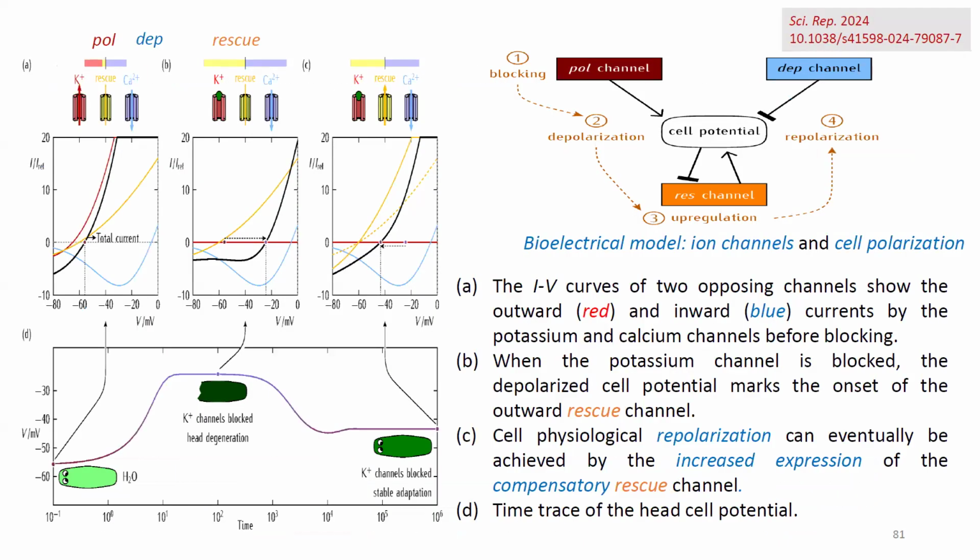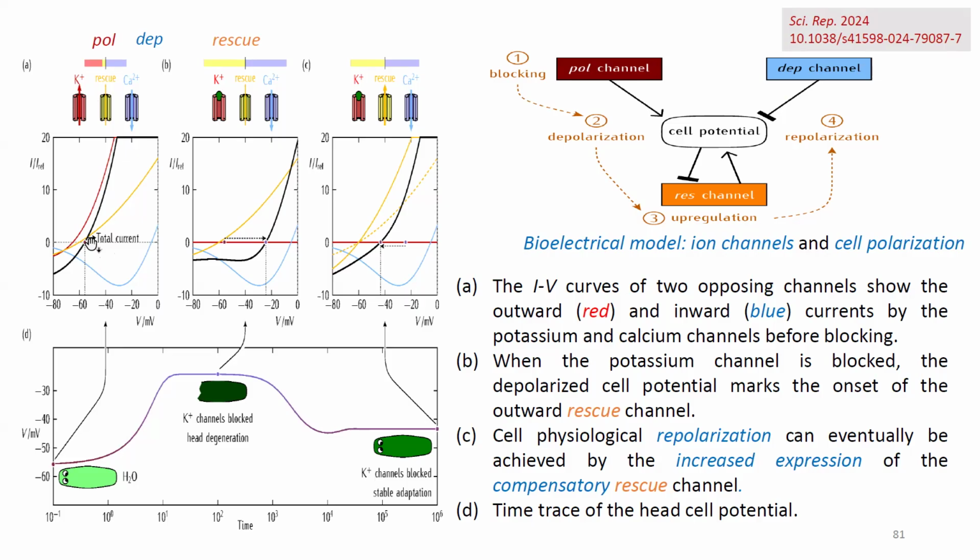We assume in the model this simplified scheme that connects the polarizing channel, which is a potassium channel here, a depolarizing channel, for instance, a calcium channel, and an assumed rescue channel that can enter when the polarizing channel is blocked, in this case by the barium.